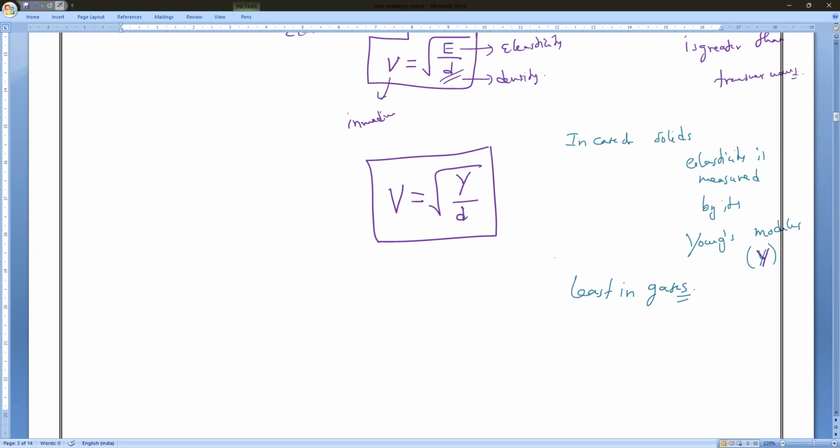That's why the velocity in solids is greater than in liquids, which is greater than in gases. As we move from solids to liquids and gases, the speed decreases. This is the decreasing order of the velocity of sound. Clear, everybody?